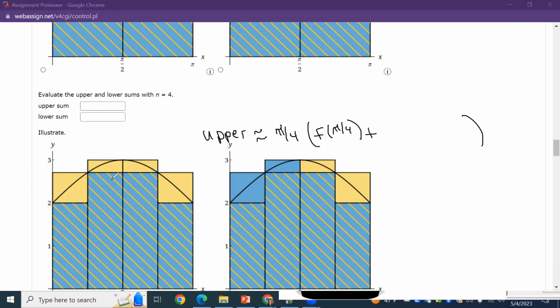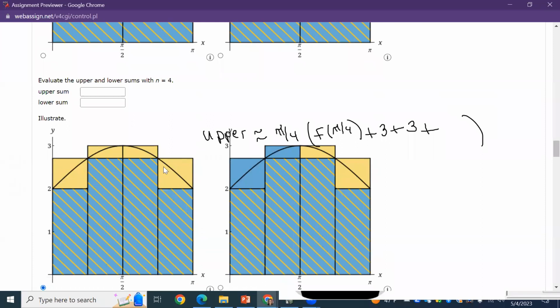And then moving to the next rectangle, they again use that highest peak of f of pi over 2, which we already figured out from last time. That was 3. The third rectangle, same vibes, is 3. And then last but not least, the fourth rectangle that goes from 3 pi over 4 to pi uses f of 3 pi over 4, similar to how it was on the first rectangle.